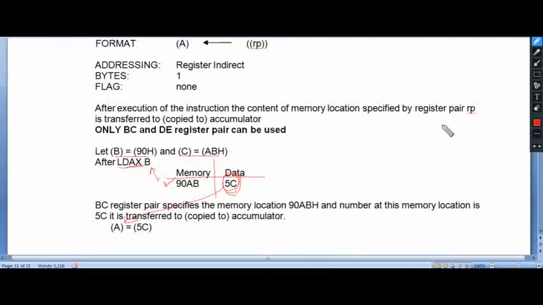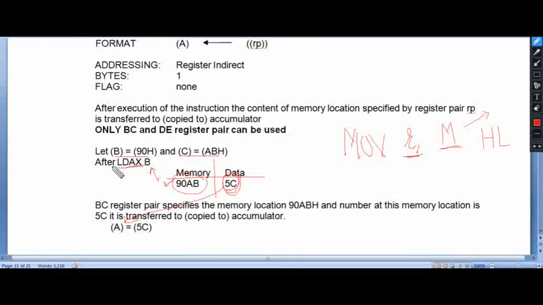What is the difference between MOV R, M and LDAX? We write the instruction as MOV R, M, and read it as M to R. A number from memory is brought to a general purpose register. Here also a number from memory is brought to the accumulator. Whenever the letter M is there, HL represents the memory.